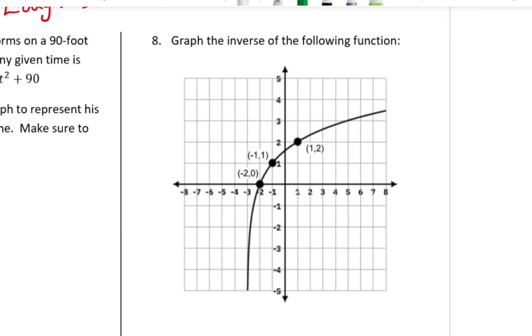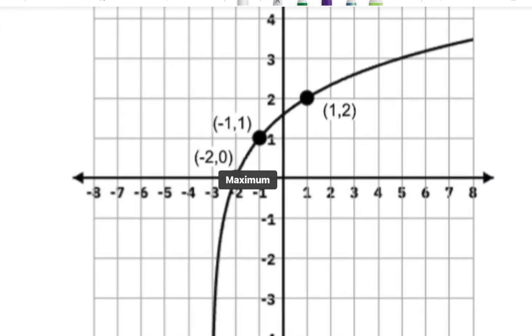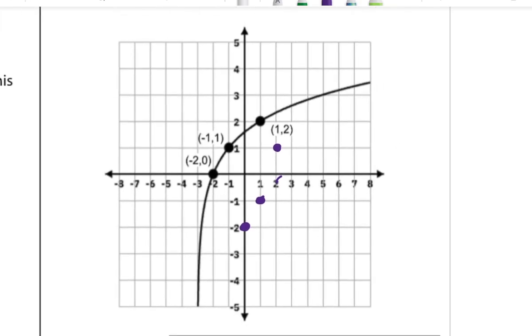Graph the inverse. I don't know, I like purple for the inverse. I can reverse these points. So 0, -2, 1, -1, and 2, 1 are the reversals. Okay, and then let's also draw in the line y equals x.